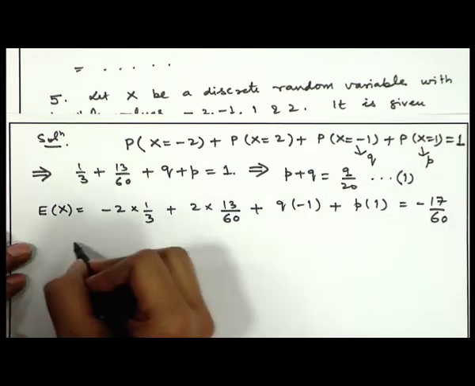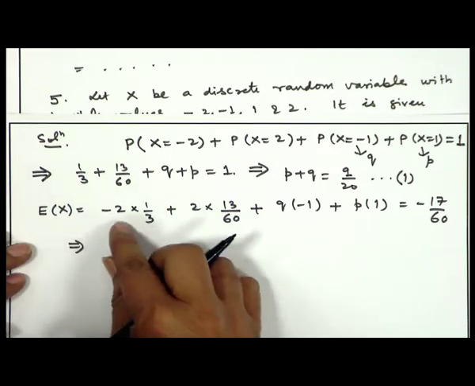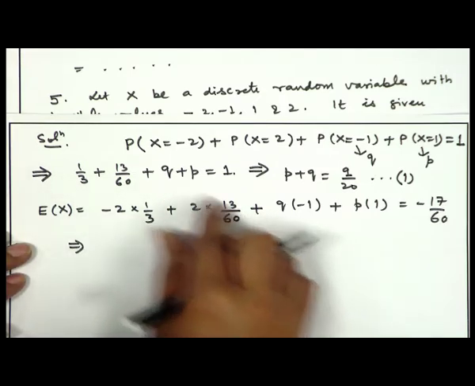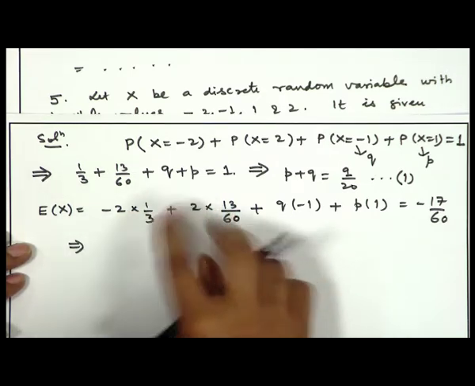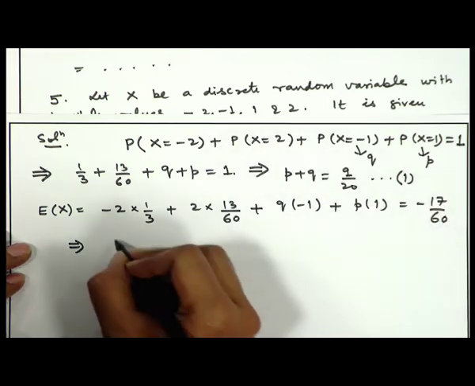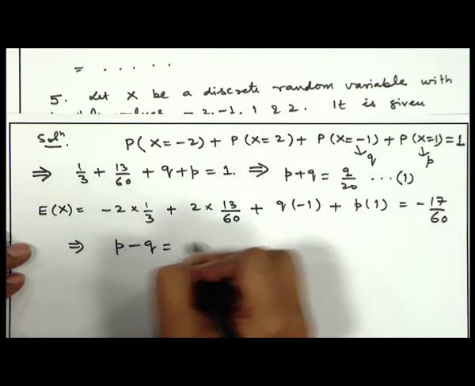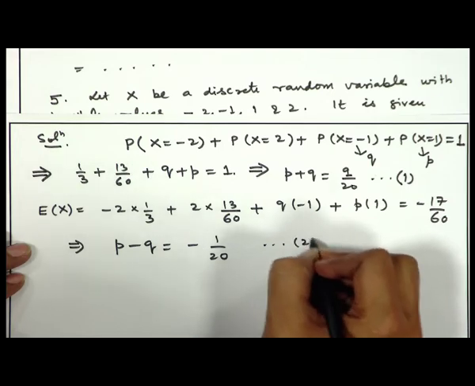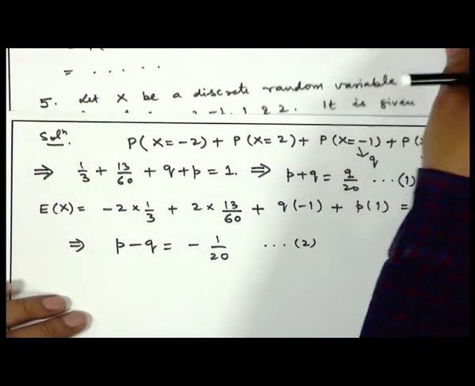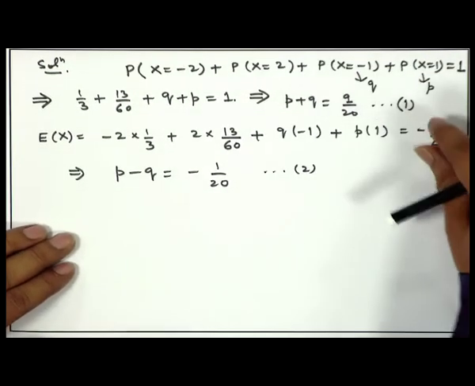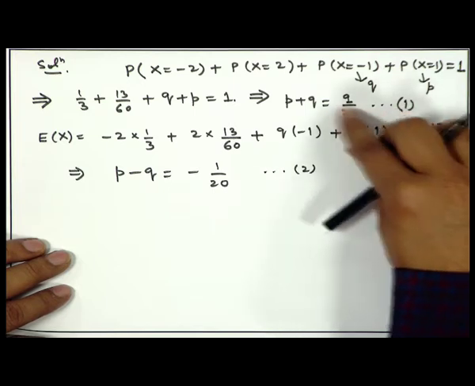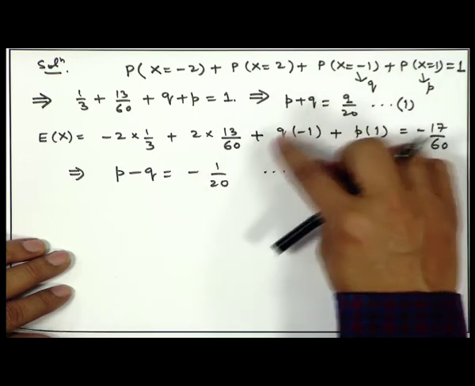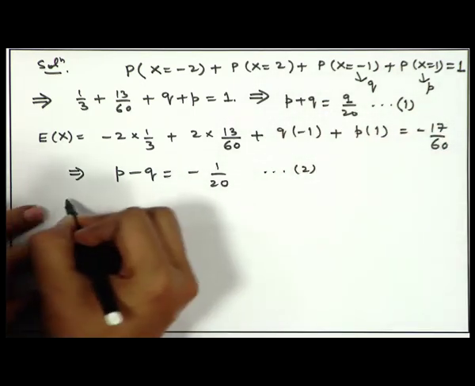So, once again we can easily simplify this. So, minus 2 by 3, this is 13 by 30, you subtract this number and take it to the other side. So, you get p minus q is equal to minus 1 by 20. So, now we have two relations, that is two equations in p and q. So, we can easily solve them.